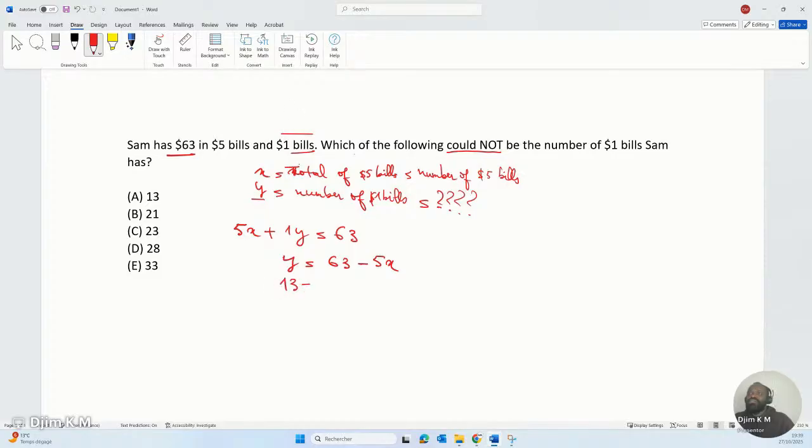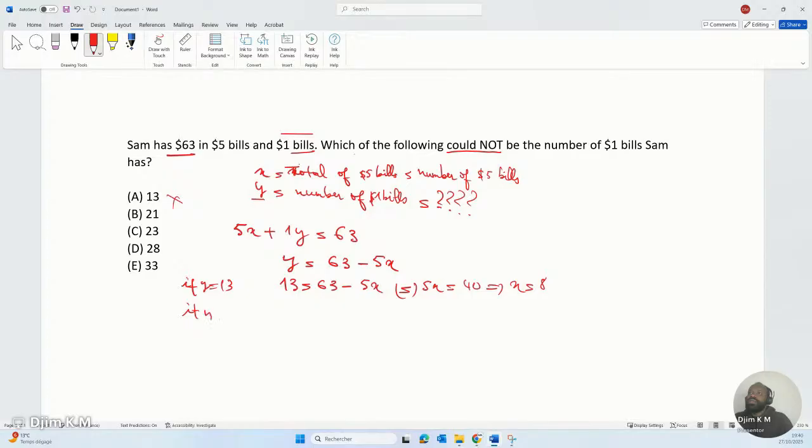So if it's equal to 13, we will have 63 minus 5x here, that means 5x will be equal to 40, and then x will be equal to 8. So this is not our answer. Okay, and we can do that for the other answer choices as well.